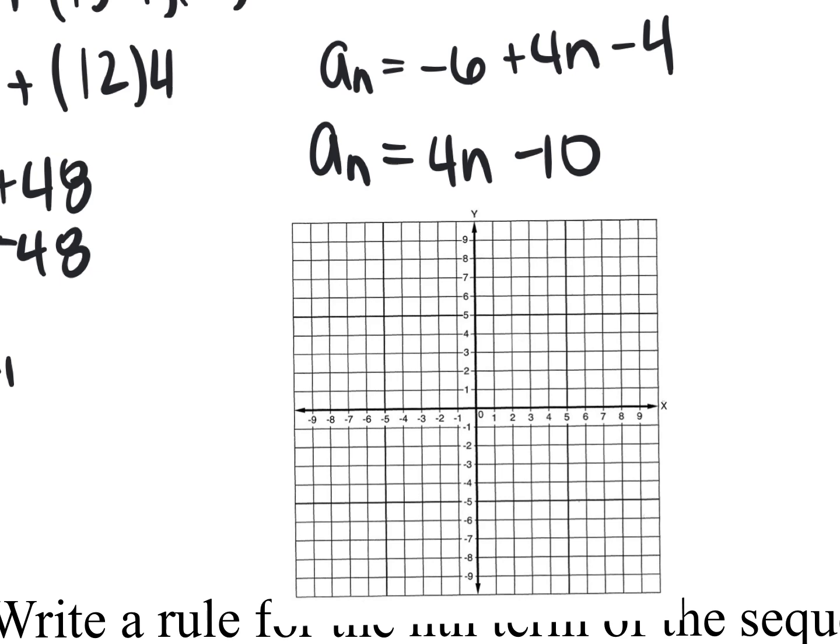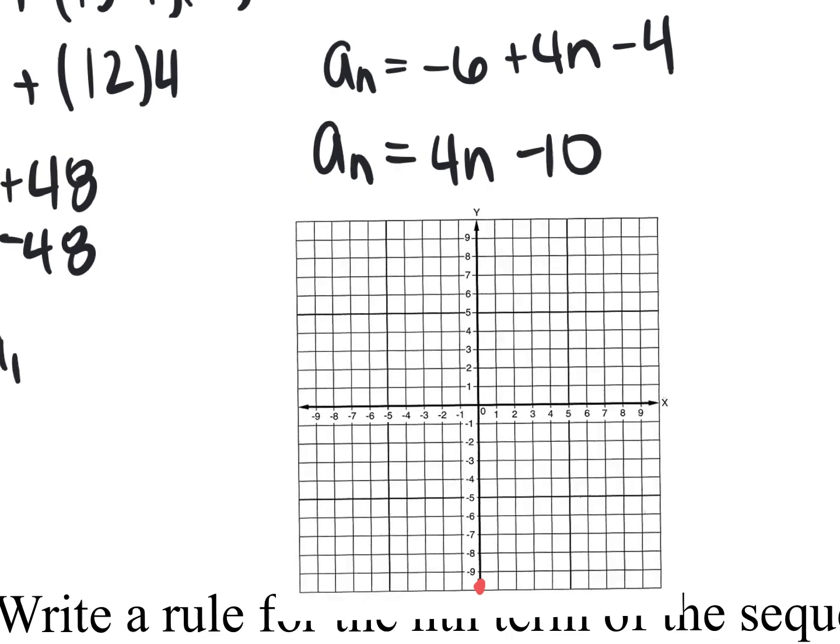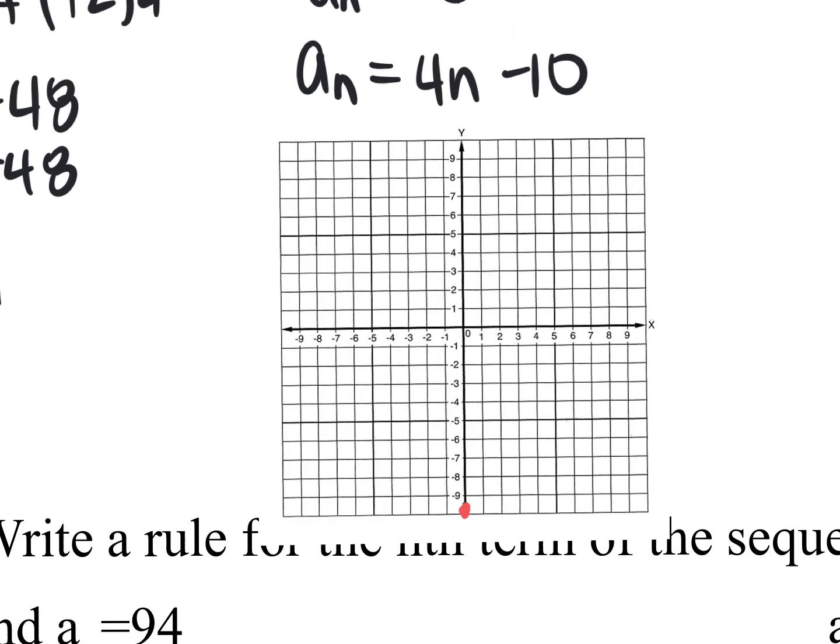So the graph starts at -10. What's my common difference? My slope. Four. D, the common difference will be my slope. So I go up 4 and over 1, right? Or if I plug in 1, I get -6.